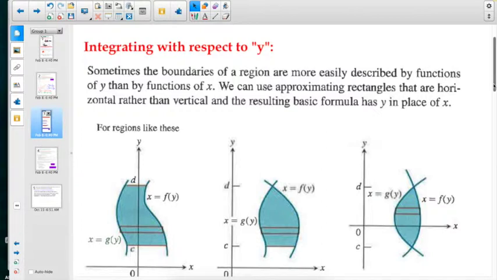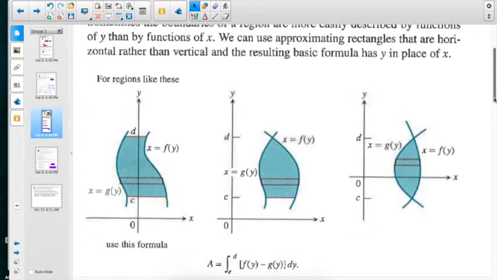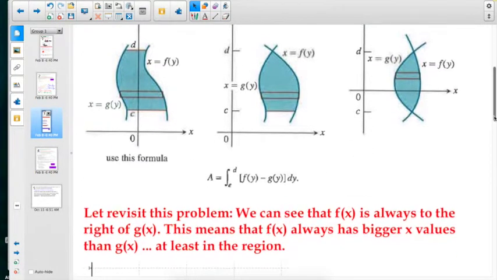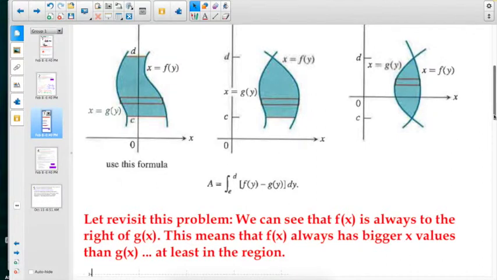Instead of an upper and a lower, we have a left and a right, exactly. Okay? And so when we have these left and rights, a lot of times it's easier to write them in terms of y. And so the same approach applies.